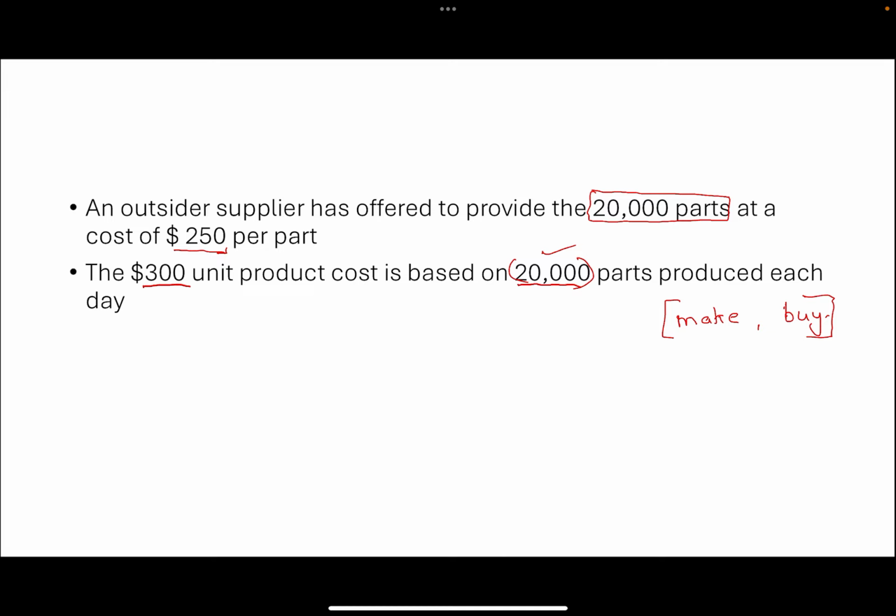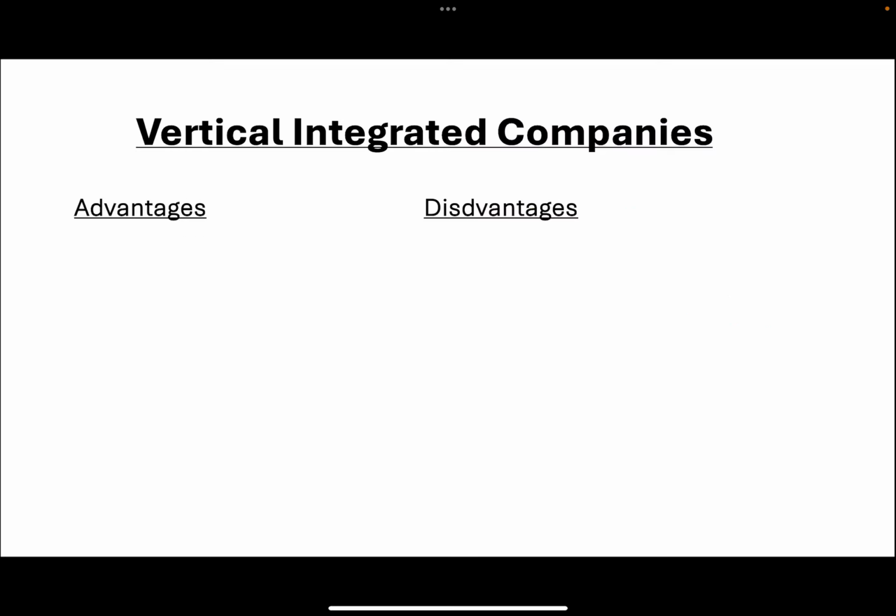But this has its own advantages and disadvantages. Let us see some of them. The advantages are for vertically integrated companies. What do we mean by vertically integrated companies? That means all of the parts used are manufactured by the company itself. It is not procuring them from outside, it is manufacturing on its own.